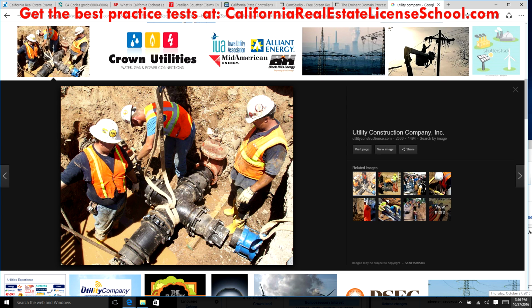The mental image that I have about eminent domain is this. I have a couple of construction workers, a utility company. This is what I'm seeing in my mind. I'm just sharing my deep thoughts with you. Now, I know exactly what eminent domain is, but when I'm drawing the 3D image of it in my mind, this is what I see first.